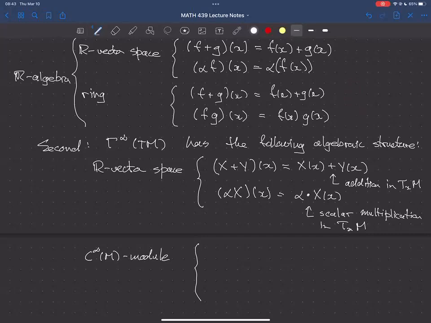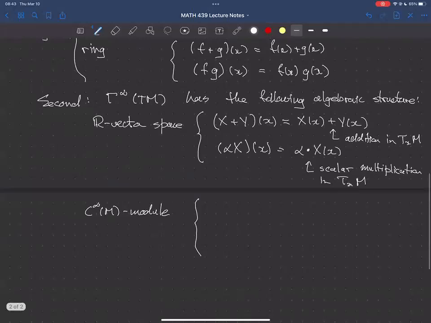The structure is, like I said, rather the same as that of a vector space. You have two operations, an addition, which of course is going to be the same as the addition for the vector space structure, and then a product. And the product is of elements in the module, which in this case is the space of vector fields, multiplied by elements from the ring, which in this case is the space of smooth functions. Okay, all right, so writing all that down.